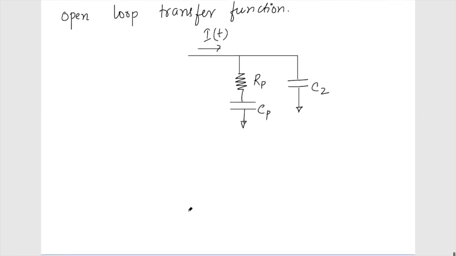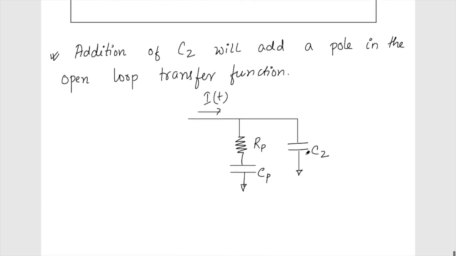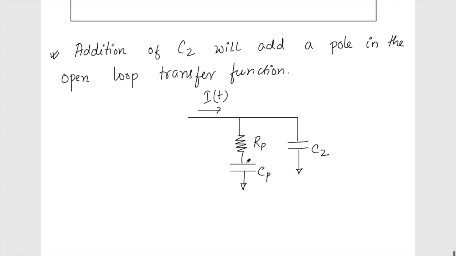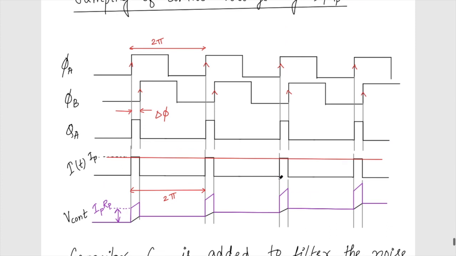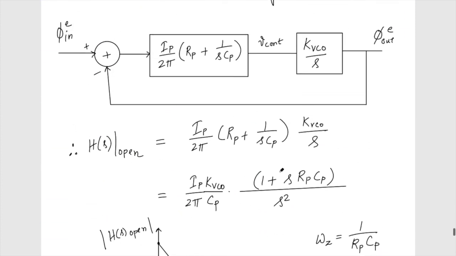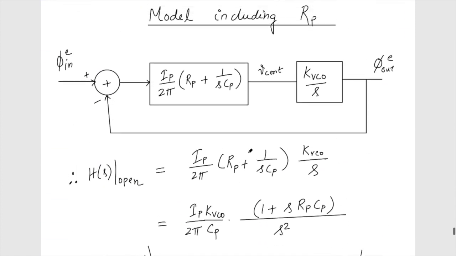An easy way to analyze this is to consider the impedances 1 by sC2 and 1 by sCp, and the whole impedance you can consider as Z. In this case, the impedance when Rp was in series with 1 by sCp was this one.